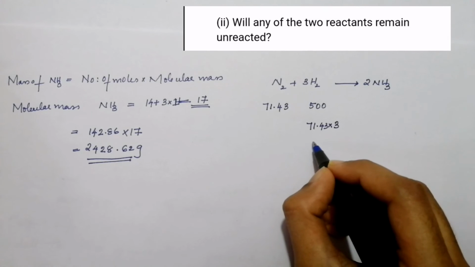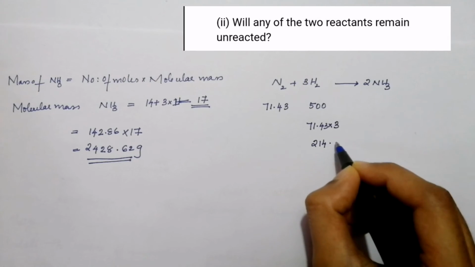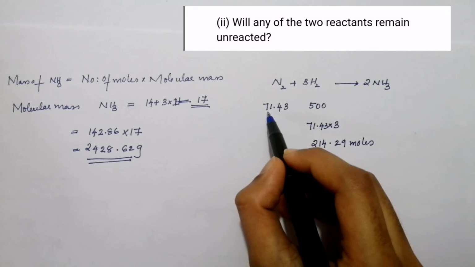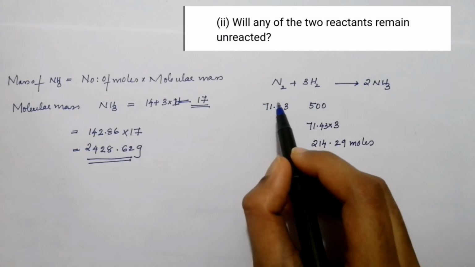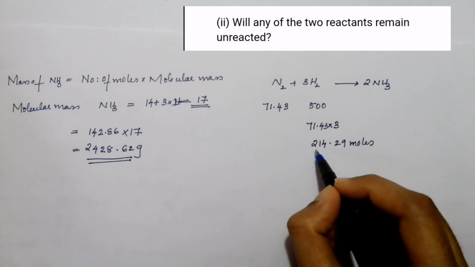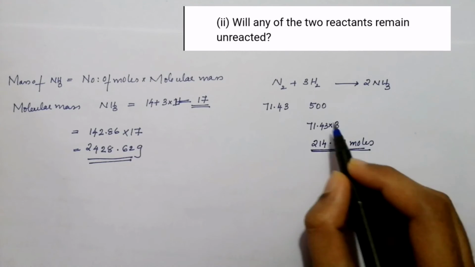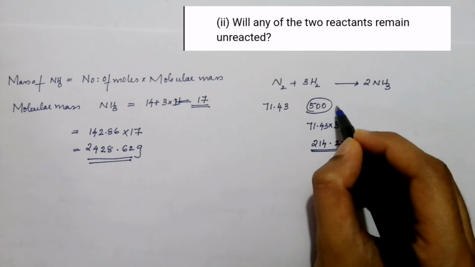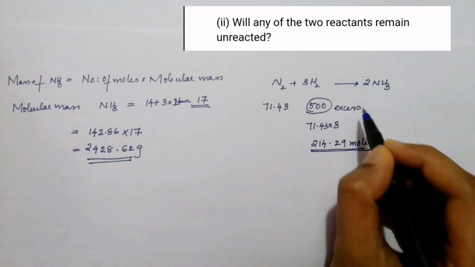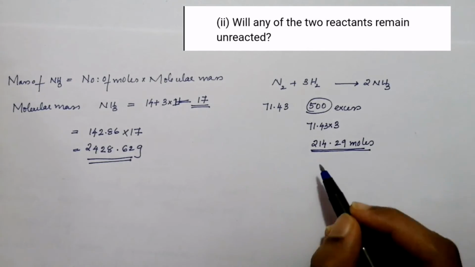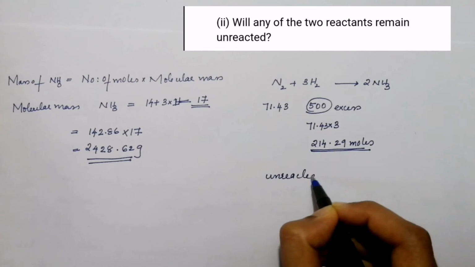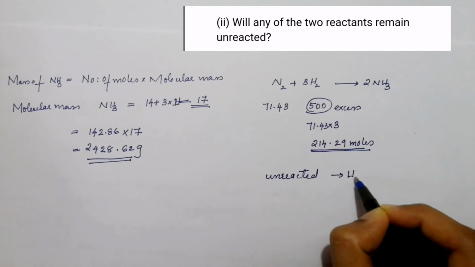Solving this, we get 214.29 moles. That is, when 71.43 moles of nitrogen is reacting, it requires 214.29 moles of hydrogen. But we have 500 moles of hydrogen. So we can say the hydrogen is in excess. So some amount of hydrogen remains unreacted because it is in excess amount.